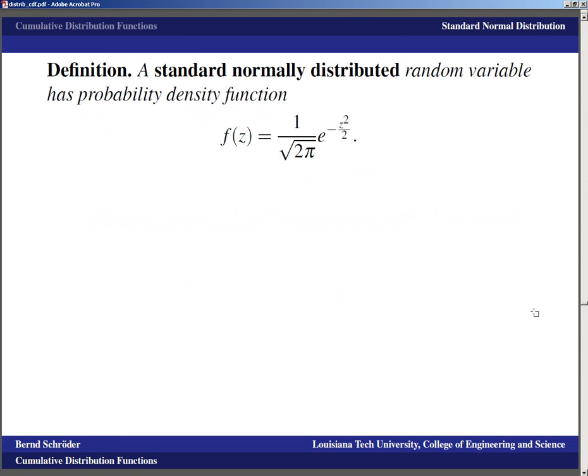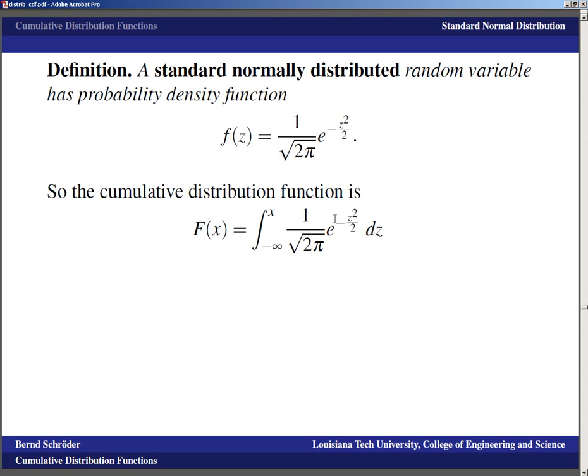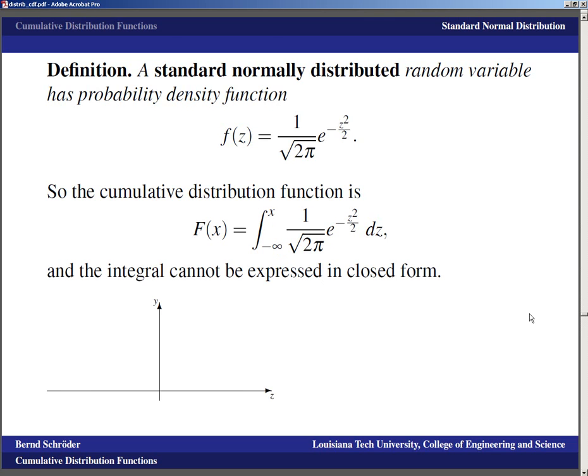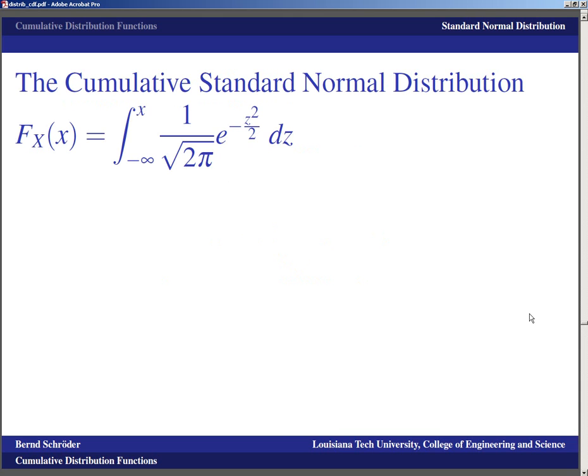Okay, so for the standard normally distributed random variable, we've got this density function that we keep mentioning, 1 over root 2 pi e to the negative z squared over 2. And that cumulative distribution function is the integral of that thing, and that cannot be expressed in closed form. I've said that very often now, and basically that still means we're interested in these probabilities, however.